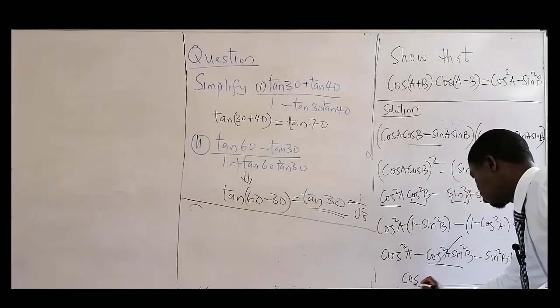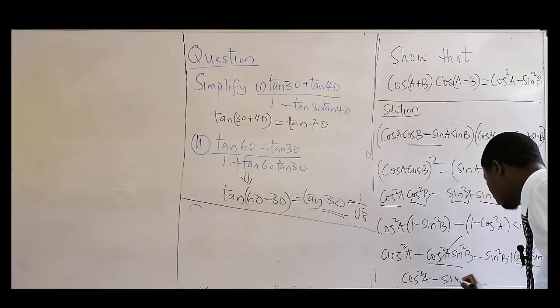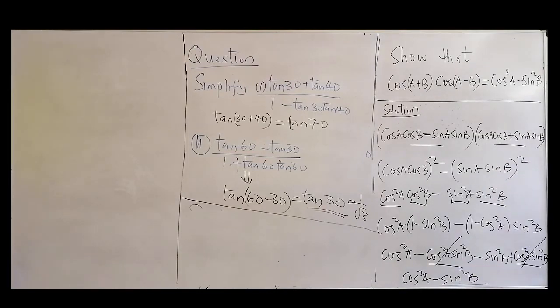And that gives us cos squared A minus sine squared B. So that is proved. It is shown.